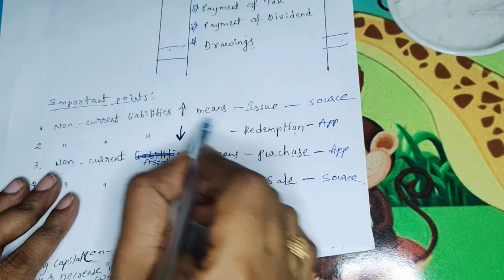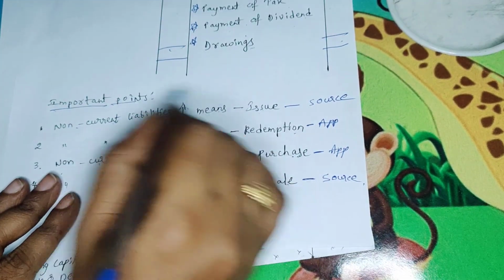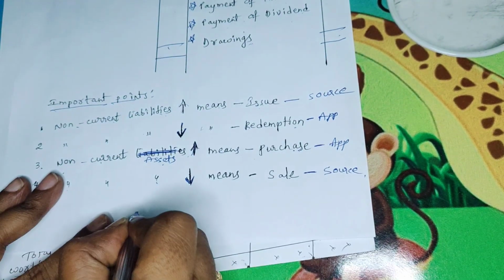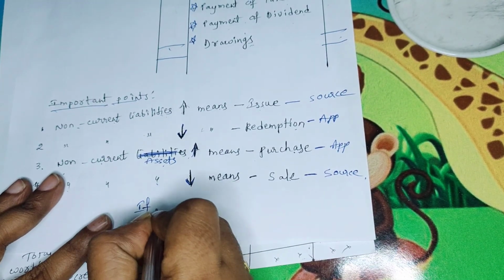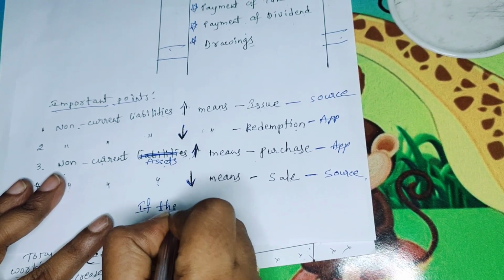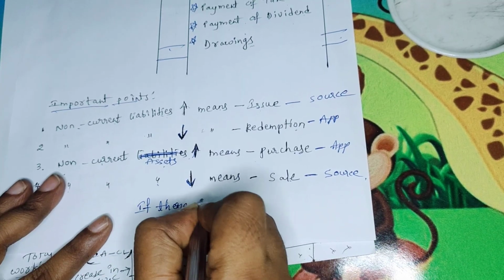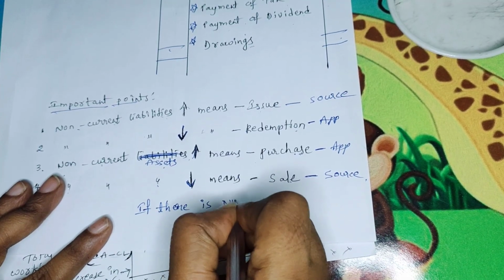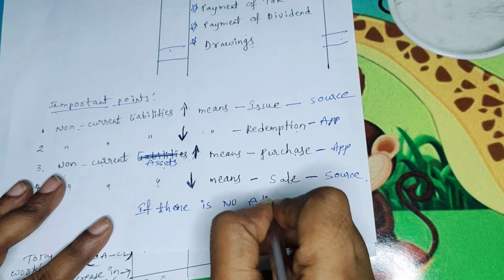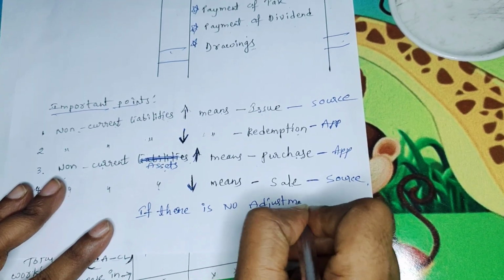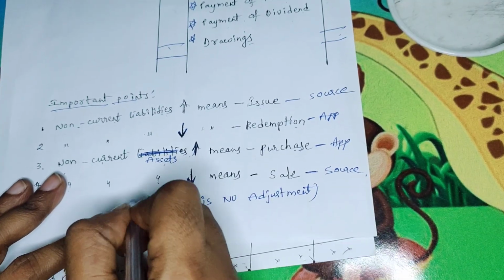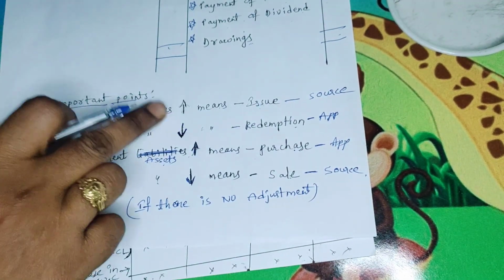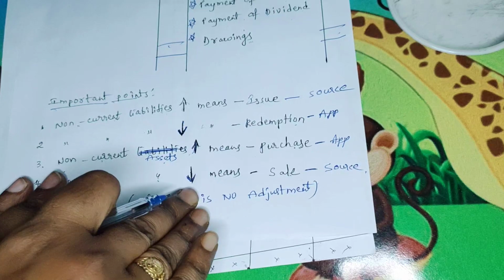So when you have to see these points, if there are no adjustments regarding the assets and liabilities, only then you need to check whether it is an increase or decrease.